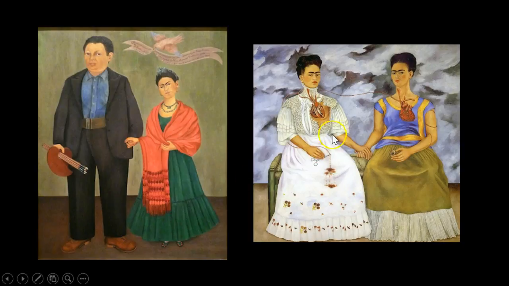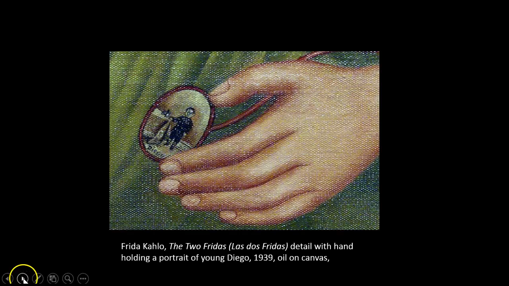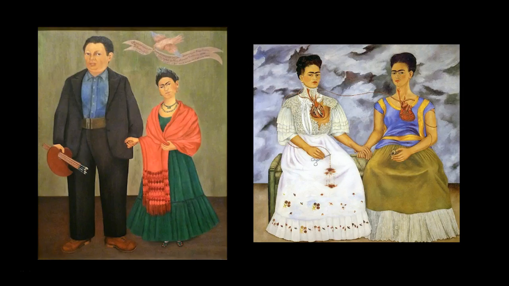And so, again, we see this duality, and this hesitation, her love for Diego. Obviously when you've been in a relationship with somebody, you don't completely stop loving them. You have mixed feelings. So she's grasping to that. And then the other Frida is being more confident.